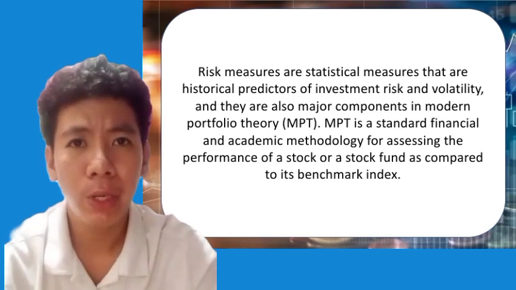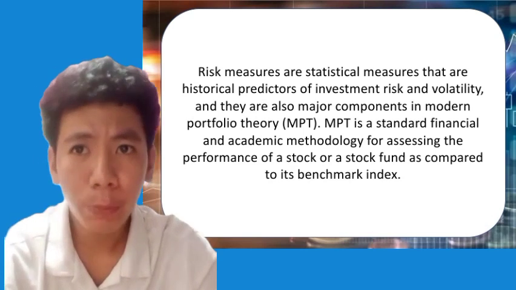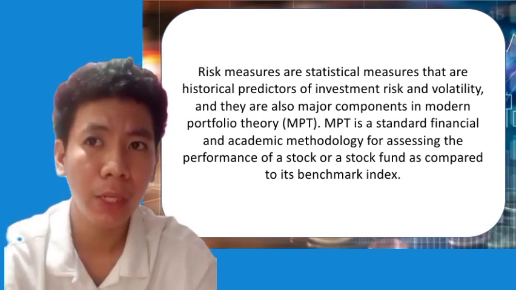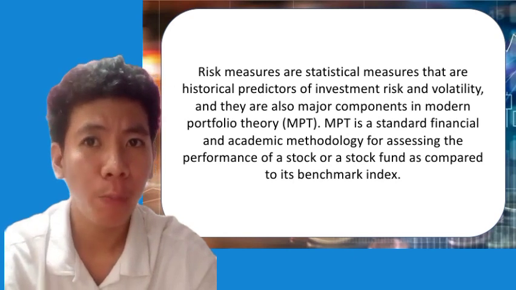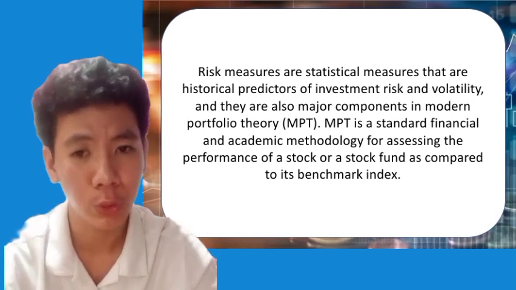Risk measures can be used individually or together. To perform a risk assessment when comparing two potential investments, it is wise to compare similar ones to determine which investment holds the most risk.